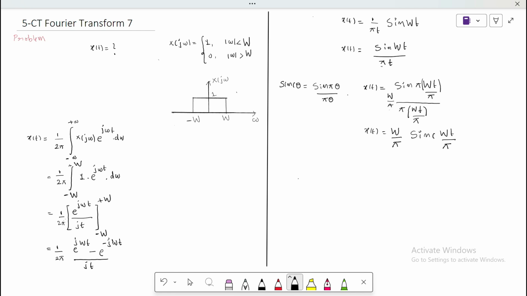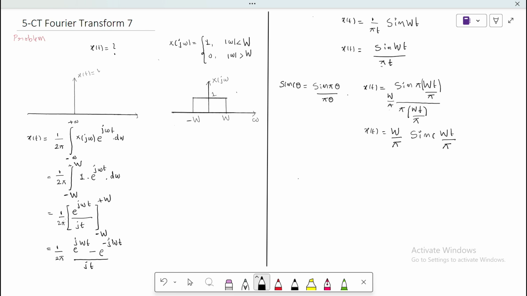So you can write, can draw that sinc function. Now this x of t is a sinc function.